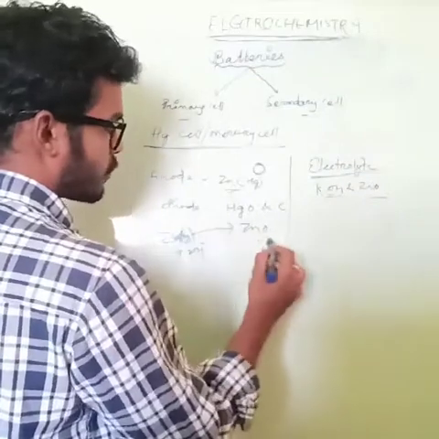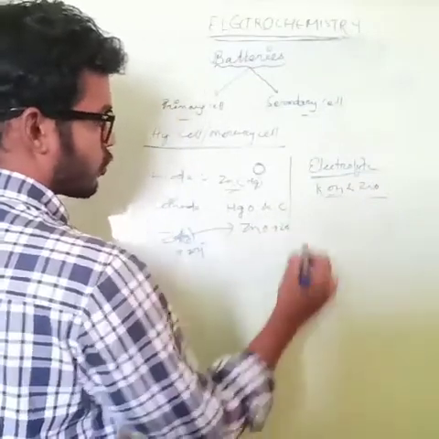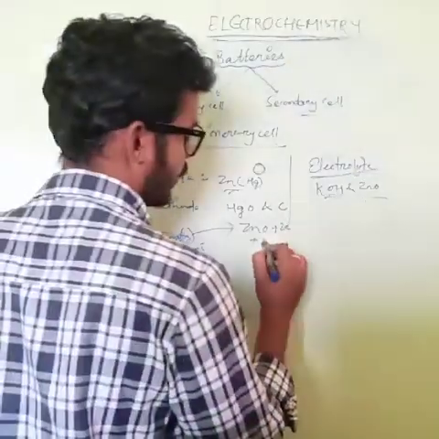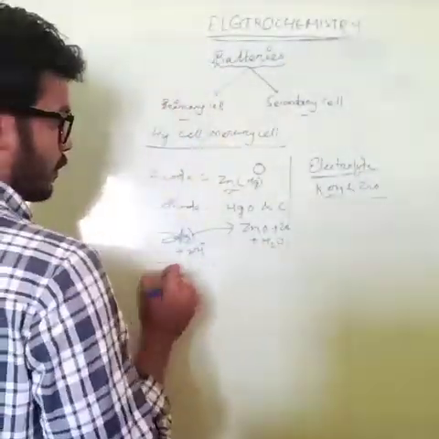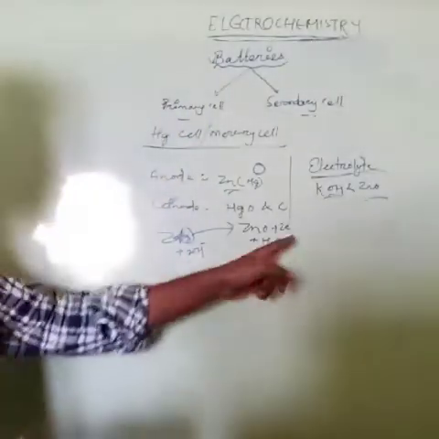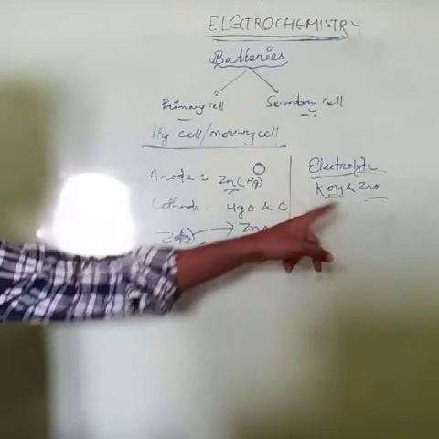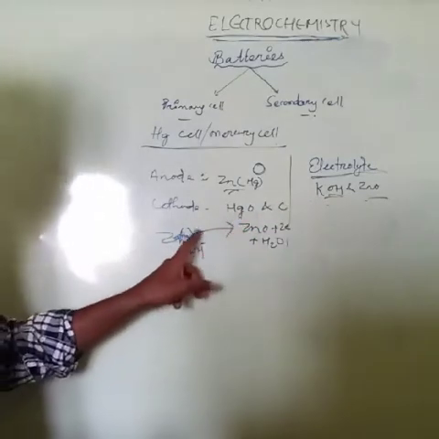Obviously oxidation means losing of 2 electrons, along with water. So these two electrons will carry to this HgO in the cathode.